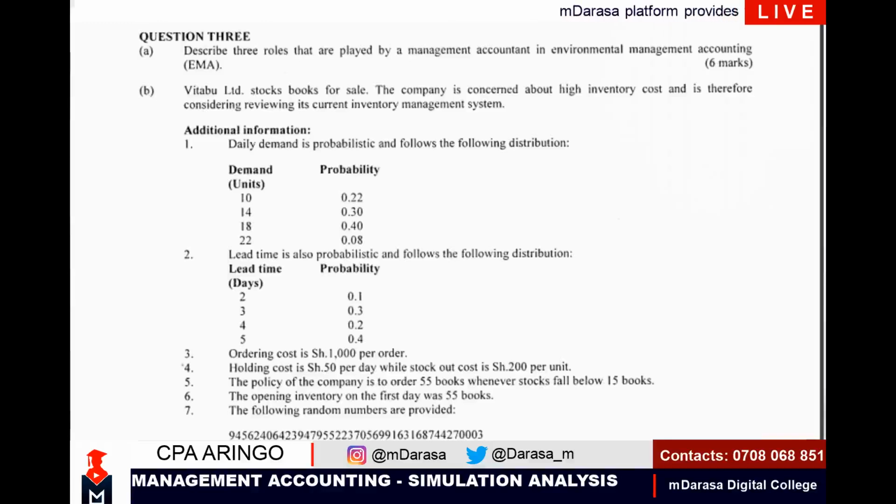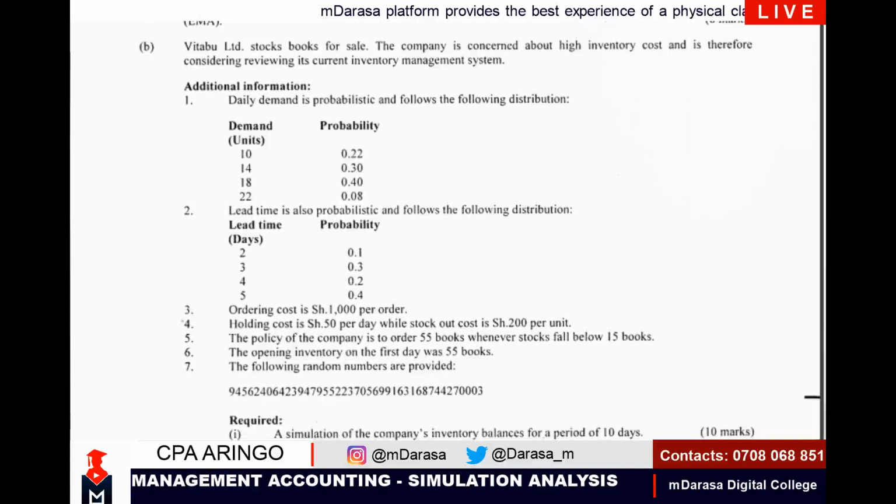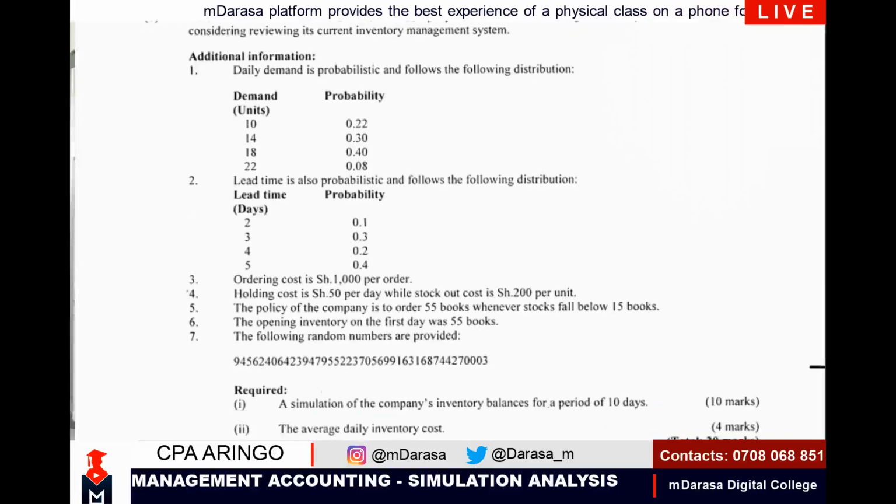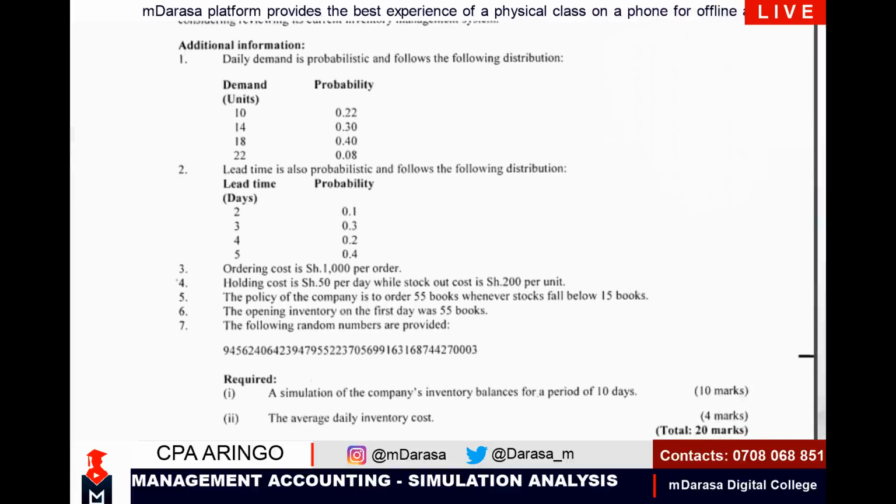Additional information, I'm given our daily demand. Daily demand is probabilistic and follows the following distribution: demand and probability. Note number 2, I'm given our lead time in days and probability. Note 3, we are told ordering cost is 1,000 shillings per order. Note 4, holding cost is 50 shillings.